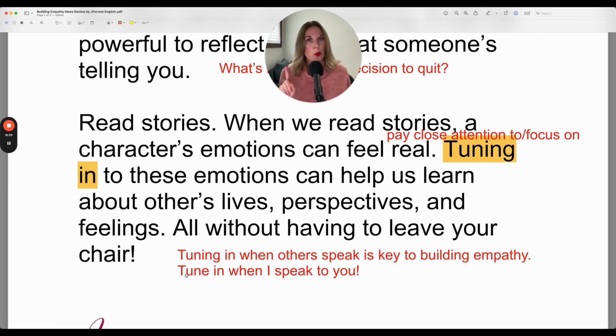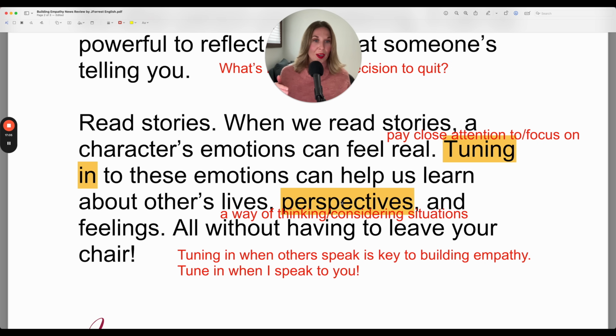In this case, what verb tense is this? It's the imperative, which is used for instructions or orders. And students often confuse these. So make sure you're using the gerund to start when you're making general statements and the imperative, which uses the base verb, to start when you're providing an instruction or an order. Tune in when I speak to you.